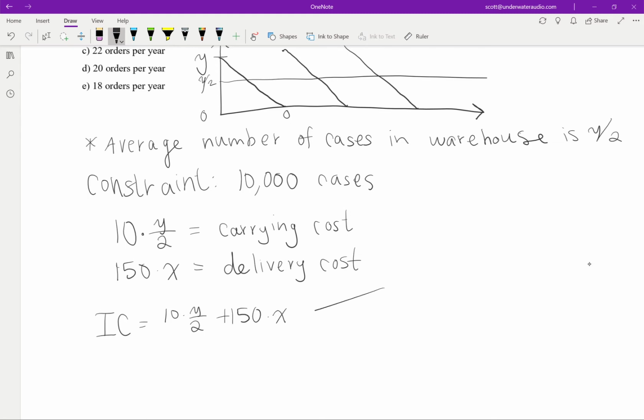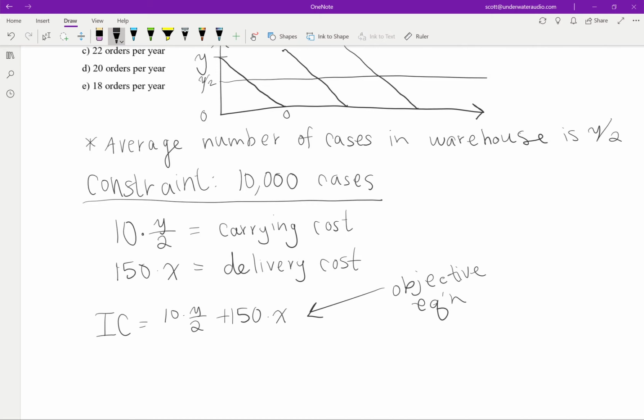And this is my objective. I want to make this small. Okay, so I am seeing one trouble, and that is that my inventory cost is a function of two variables. So now I need to think about how my constraint equation relates x and y.